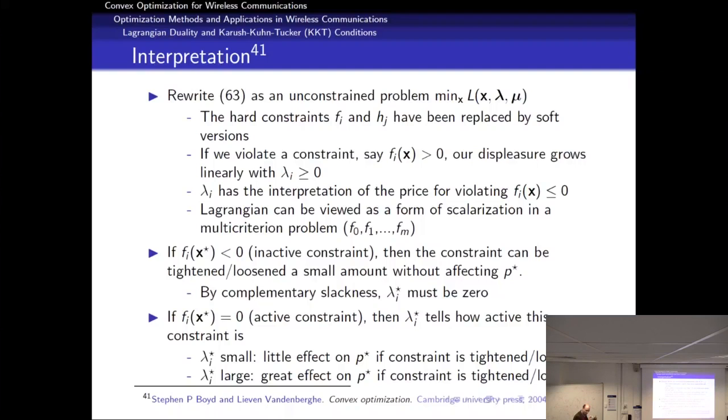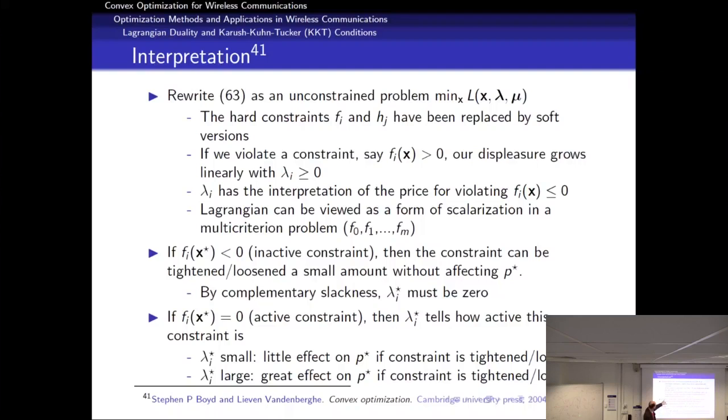I make a little bit more constraints. Well, this will not affect your objective value so much, because your optimal point has been achieved with a constraint that is inactive. So even if you tighten that constraint a little bit, you can expect that your objective value, your P star, will not change much, right?